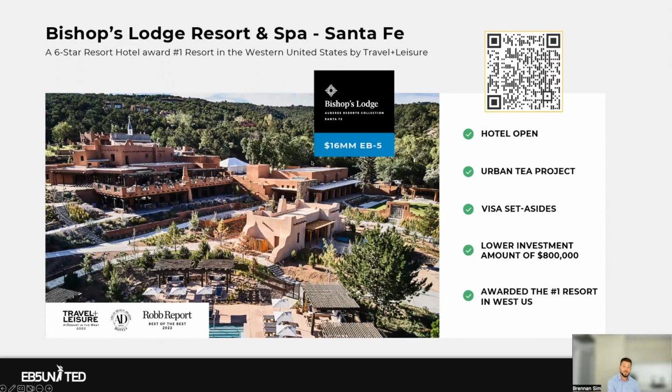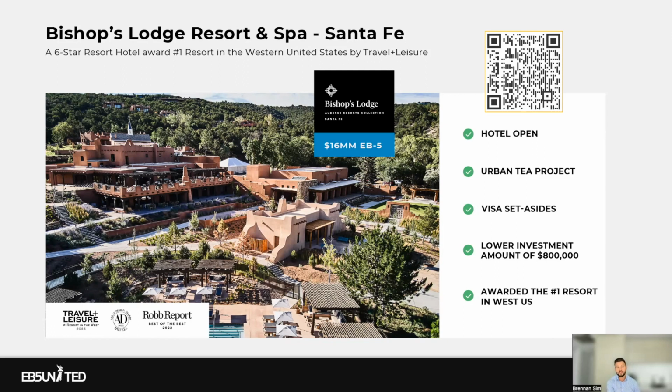Same goes for Bishop's Lodge. This project is also open. It opened to full capacity in May of 2022. We are financing an additional pool, spa, and fitness center. So we're going to continue the construction for 1 more year, starting this fall of 2022, and it will go till the fall of 2023.